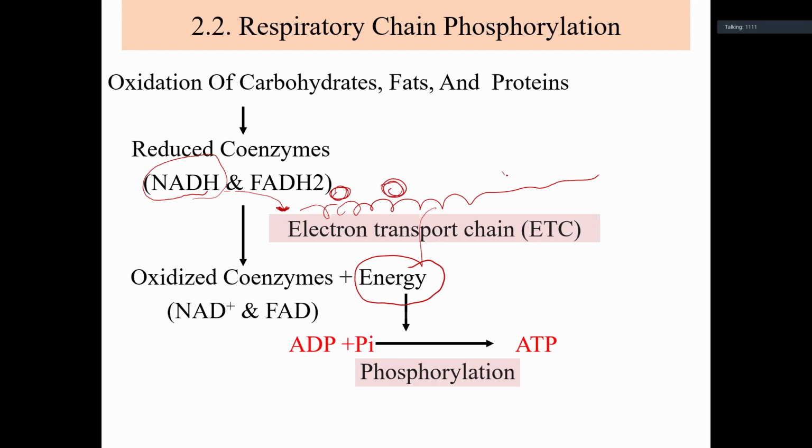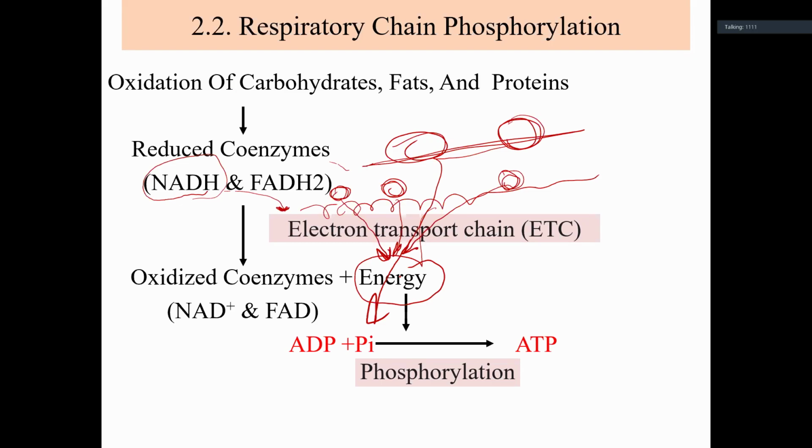Only 3 reactions will give you this much amount of energy. So when NADH enters, only 3 reactions give enough energy that can add phosphate. So there will be how many ATP? 3 ATP. And when FAD brings hydrogen and enters into the electron transport chain, only 2 reactions give this much energy that can add phosphate. Clear?